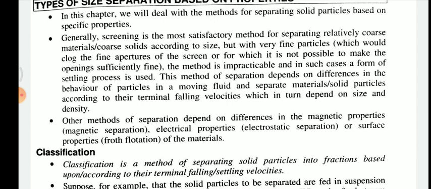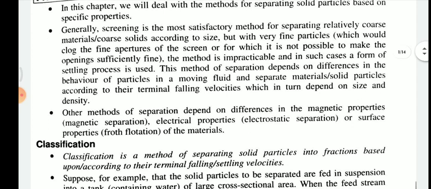This method of separation depends on the difference in behavior of particles in a moving fluid, and separates solid particles according to their terminal falling velocity, which in turn depends upon the size and density. Exactly what happens in this method is that we separate particles based on the fact that the fluid is in moving position.